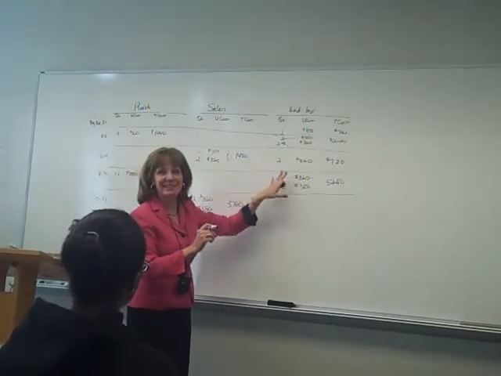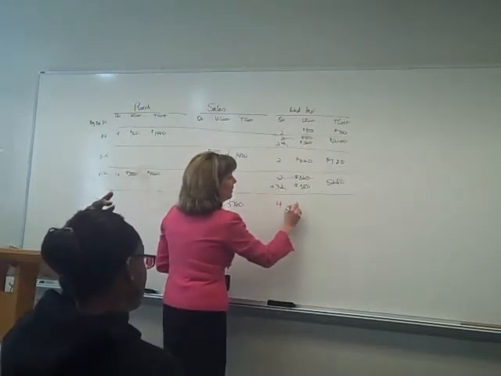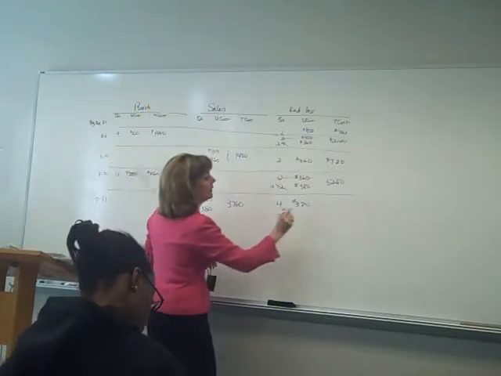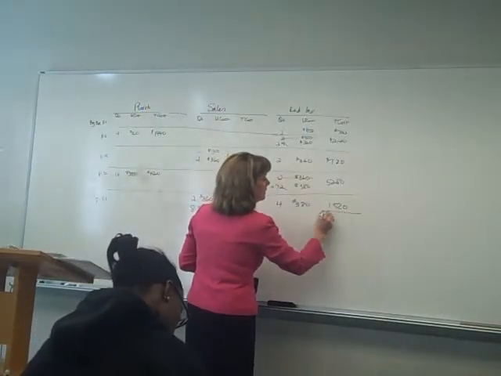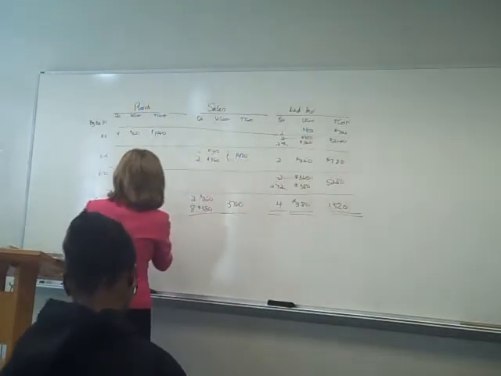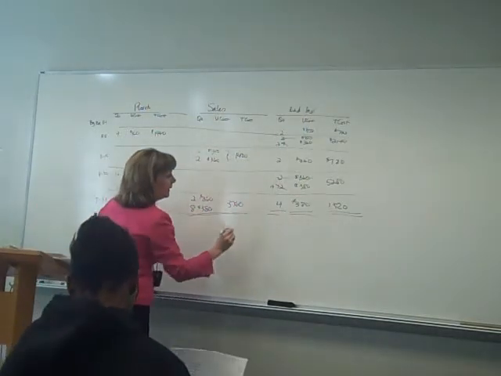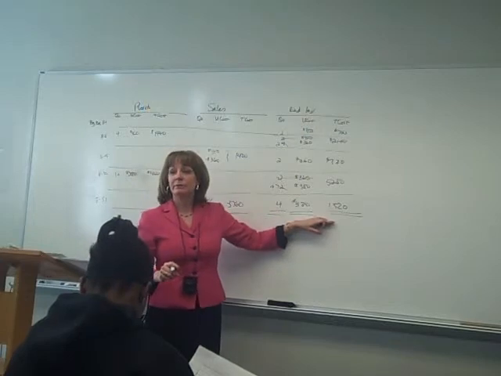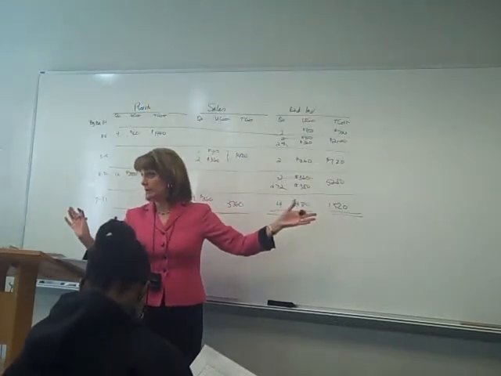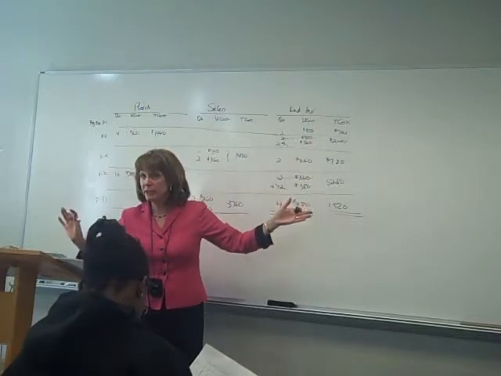Well, I already kind of adjusted, didn't I? 4 $380 ones, the green ones, gives me $15.20. Okay? This is my ending inventory. I have 4 of the $380 ones. I'm assuming cost flow assumption.